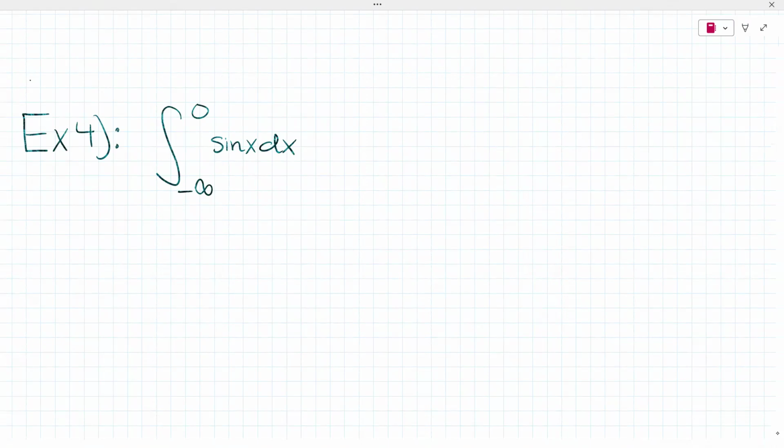So how we're going to rewrite this is as the limit as a approaches negative infinity, and then we're going to rewrite the boundaries from a to 0 of sine of x dx. First I would figure out what is the integral of sine of x.